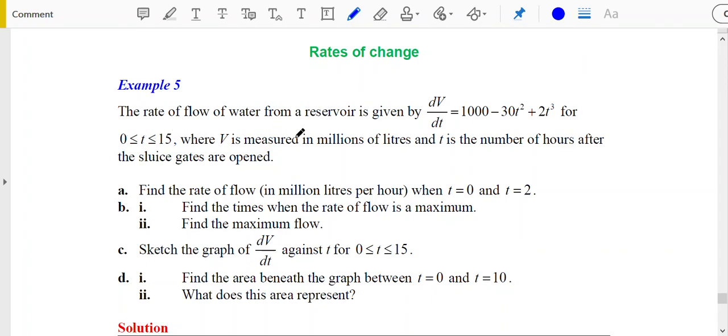V is measured in millions of litres and t is the number of hours after the sluice gates are opened. Find the rate of flow in millions of litres per hour when t is 0 and t is 2. So it says find the rate of flow. Okay, well, the equation we're given is the rate of flow. So you just substitute 0 in and t equals 2.